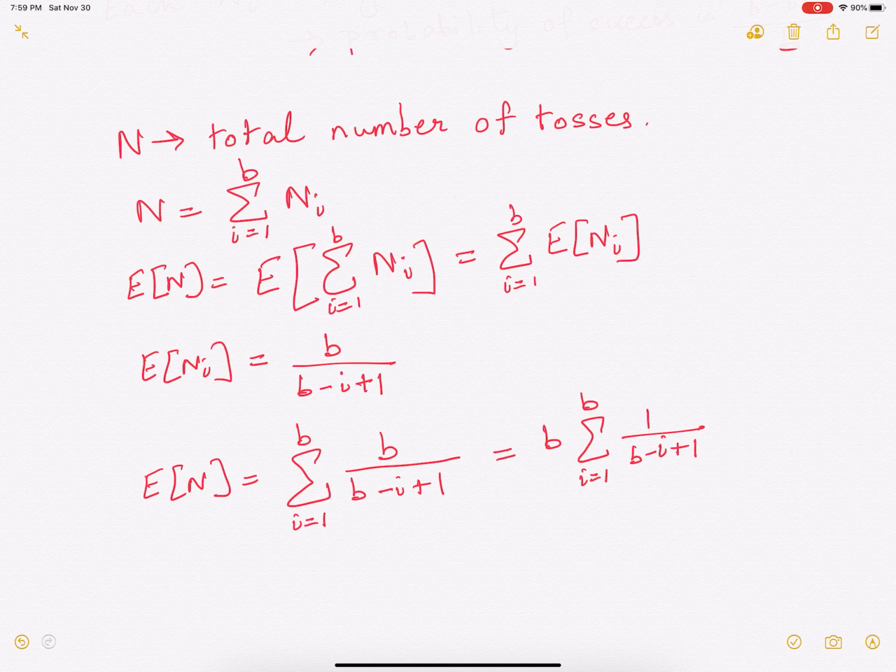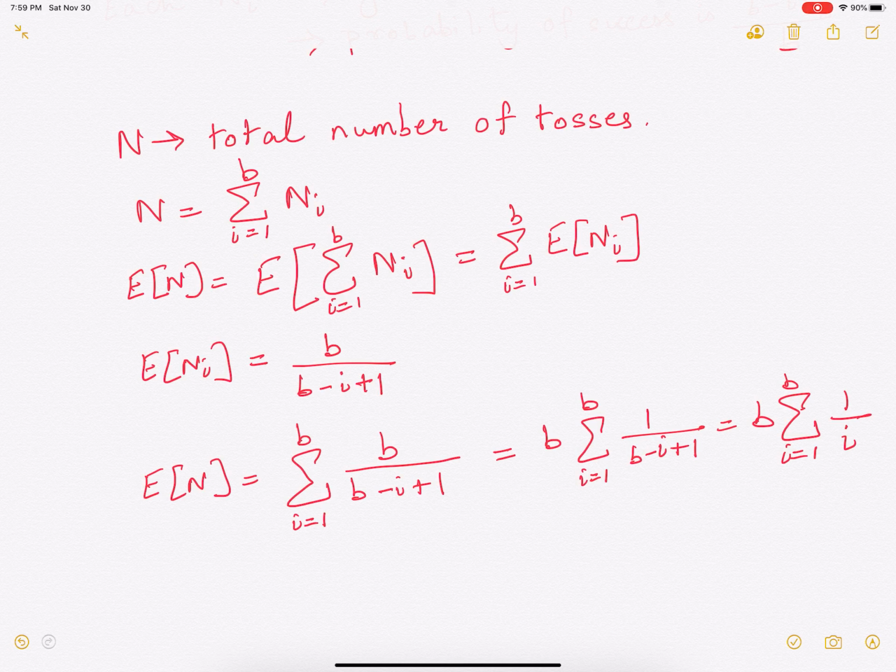So we can rewrite this as b times the summation i running from 1 to b of 1 over i. Because essentially the summation is adding numbers like 1 by 1 plus 1 by 2 all the way to 1 by b. And that's the same thing that we achieve if we write it in this form.